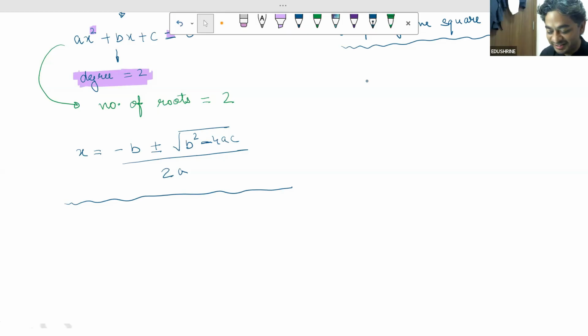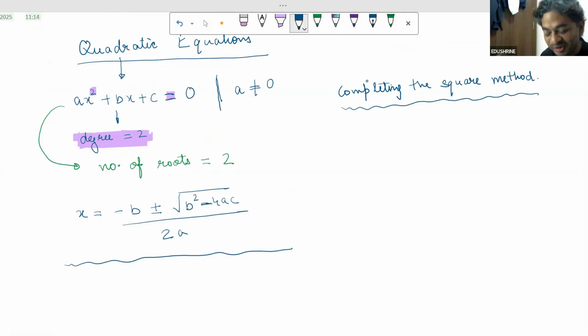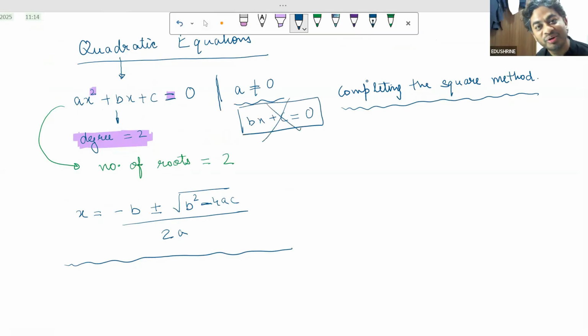No. That is the first thing that you should know, that if ax square plus bx plus c is equal to 0, here a cannot be 0. Why? Because if a becomes 0, then this quadratic equation will remain only bx plus c equal to 0. bx plus c equal to 0 is not a quadratic equation. It is a linear equation. So you have to know that a quadratic should have an x squared term and no higher term should be possible. That is what you should know. Okay, so let us try that.